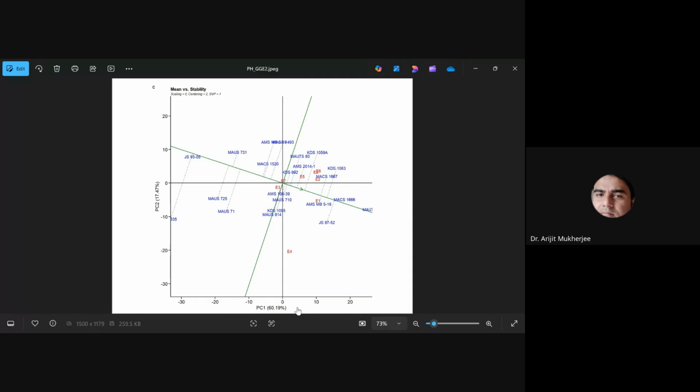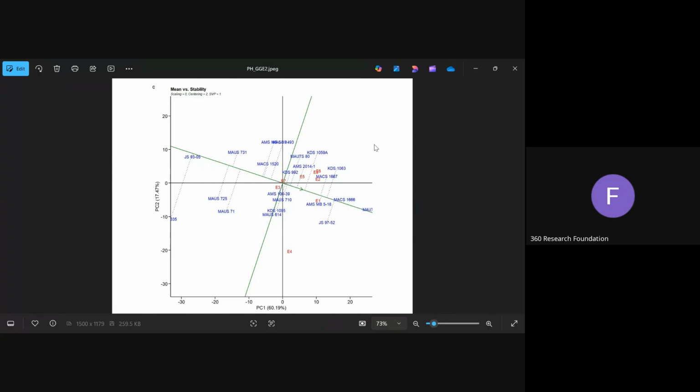How can you conclude from the dotted length? Excuse me, sir. It is simple: if many members are standing close to you, they are having good communication with you. If members are standing apart from you, they are not correlated. These genotypes are located close to the origin and other genotypes are deviating.